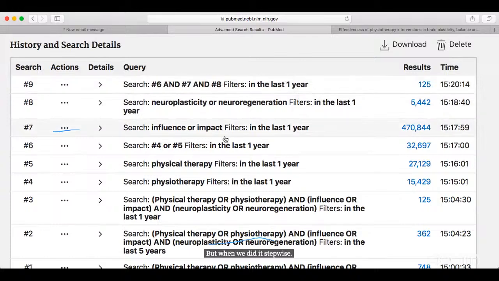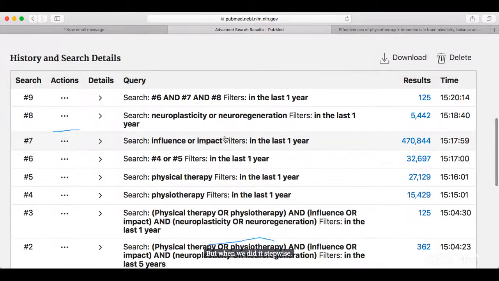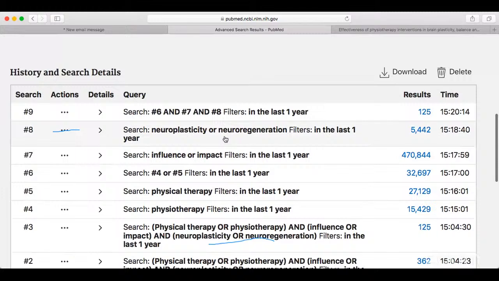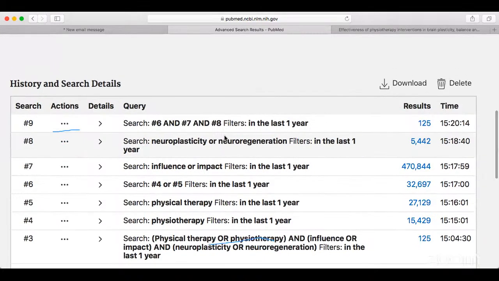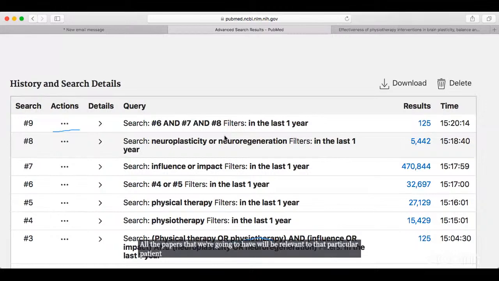But why do I usually break it down into stepwise? Because remember when we were reading one of the papers, we realized that instead of using influence or impact, we could have used stroke. Because if we use stroke, that will limit it to one condition. And if our patient has stroke, all the papers that we're going to have will be relevant to that particular patient that we are planning to treat.